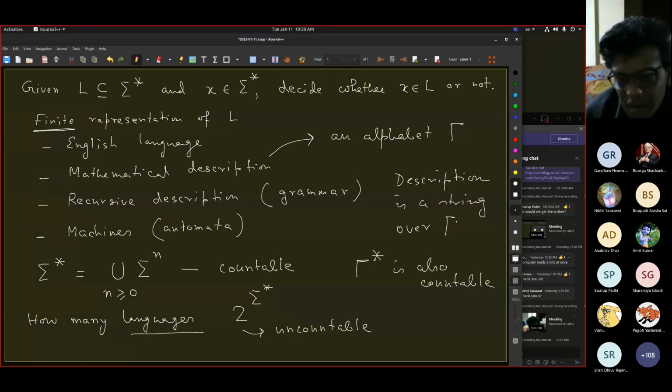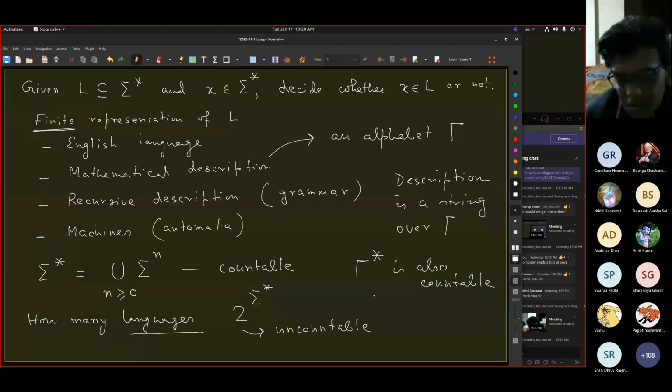But one thing is obvious: since the set of finite descriptions is countable, I cannot build more than a countable number of machines.